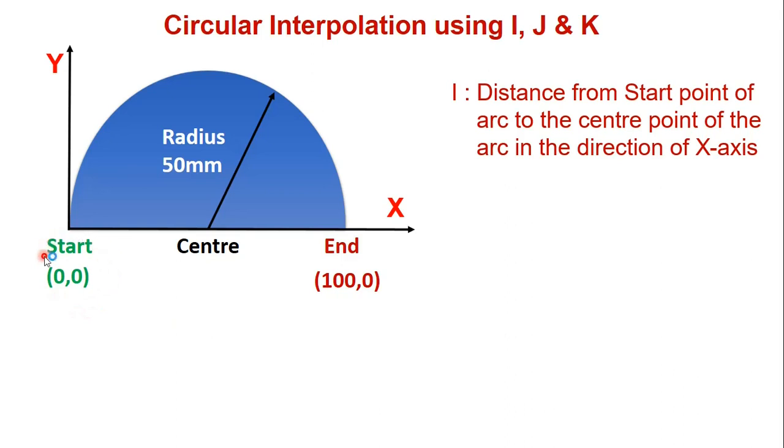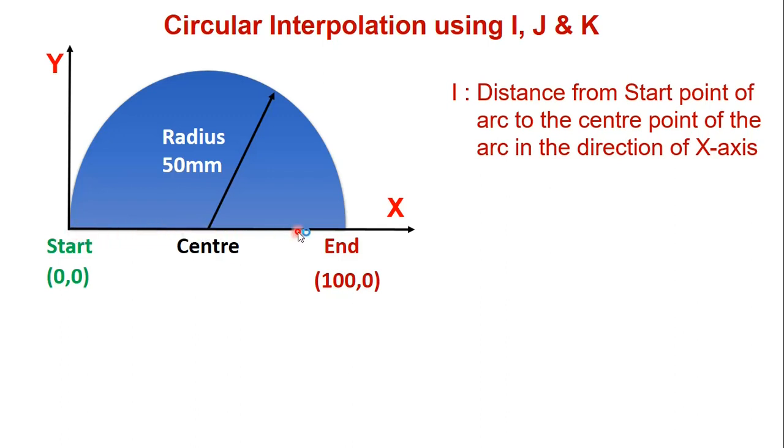The starting point is here. Where is the center? Here. So I is the distance from this starting point of the arc to the center of the arc, in the direction of x.